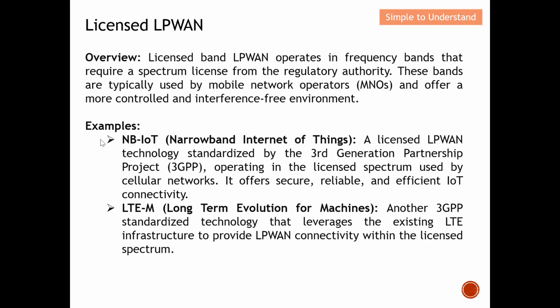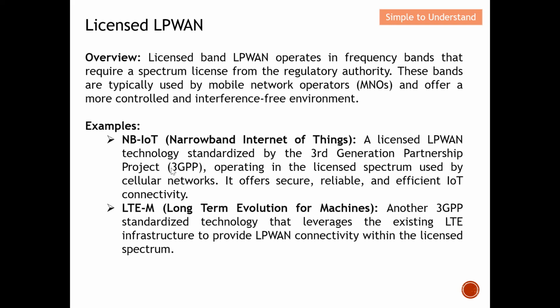Under this licensed LPWAN, we have NB-IoT and also LTE-M. NB-IoT stands for Narrowband Internet of Things. It is a licensed LPWAN technology that is standardized by 3GPP. They operate in the licensed spectrum, for example, they utilize the 2G and also the 4G spectrum.